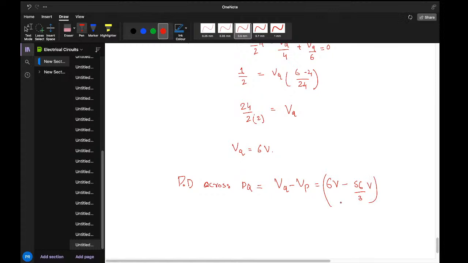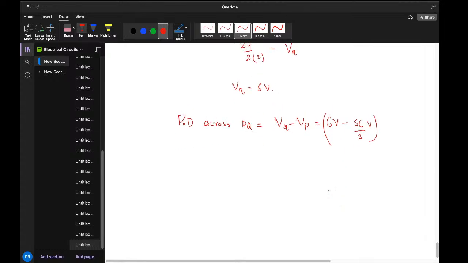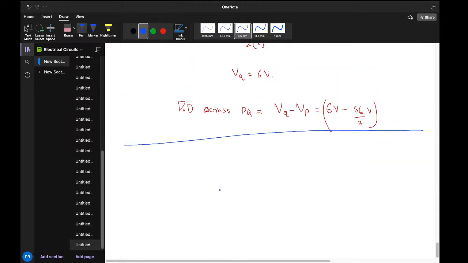Okay guys, so the next problem we are going to solve is we have a circuit, something like this over here.